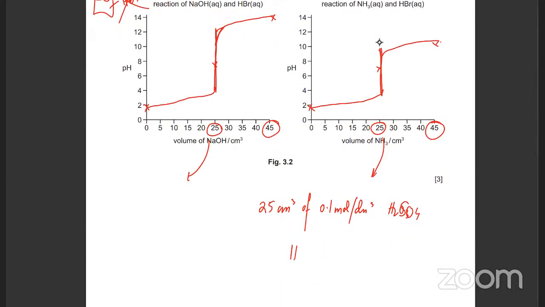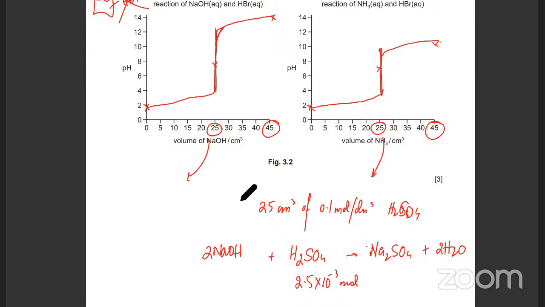Now this one is clearly not 1:1. How many moles is the H2SO4? This is 2.5 times 10 power minus 3 moles, right? The NaOH is going to be 2:1 now, because if you write the whole balanced equation, it's going to be Na2SO4 plus 2H2O, right? So the moles of NaOH must be double the amount. It should be 5 times 10 power minus 3 moles.